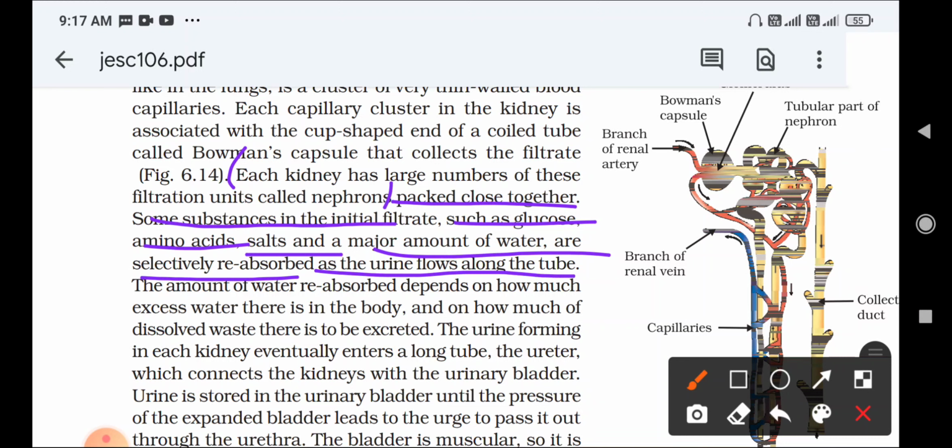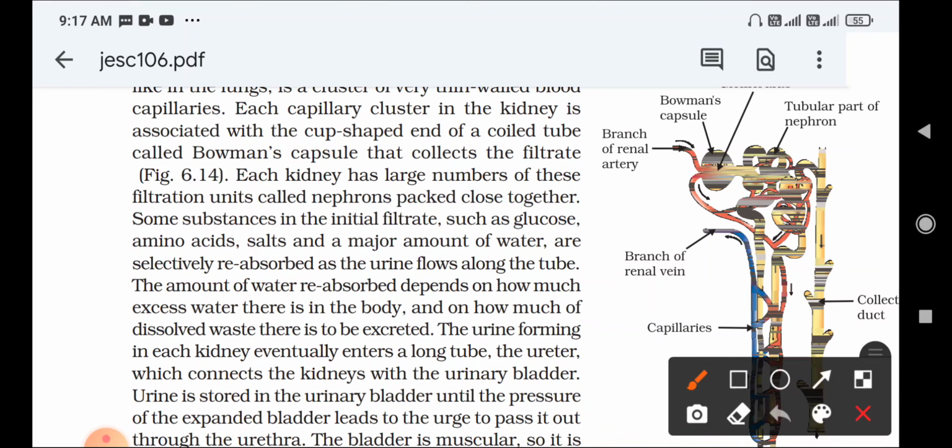Another important point: which substances are absorbed from the urine in the initial filtration? You can write that glucose, amino acids, salts and a major amount of water are reabsorbed from the urine as it passes through the tube.